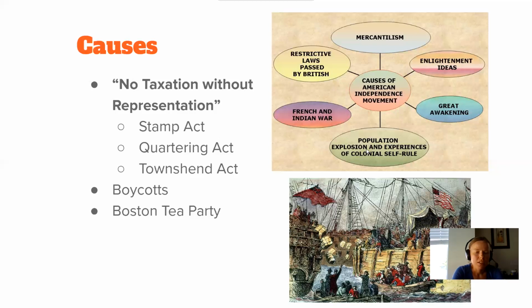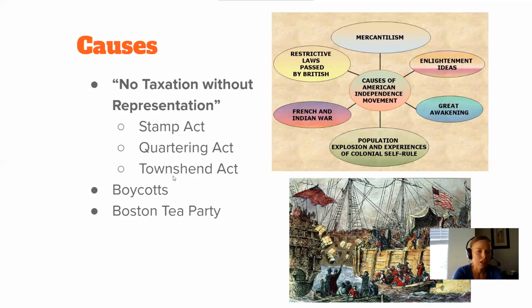We talked about the independence of the colonies, the French and Indian War, and the restrictive laws. So these are the reasons why the American Revolution is going to happen. Now let's look at the specific events that lead up to it. You have various colonies, starting with Massachusetts, where Boston was, beginning to boycott these goods that were being taxed under the British laws, such as the Townshend duties.